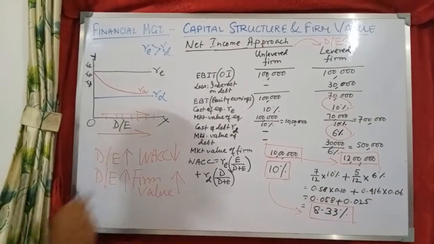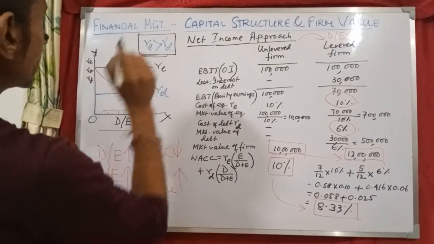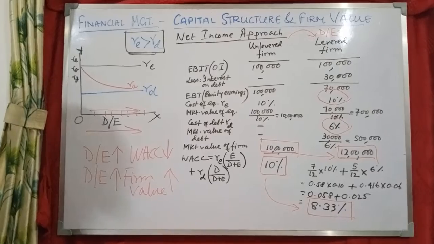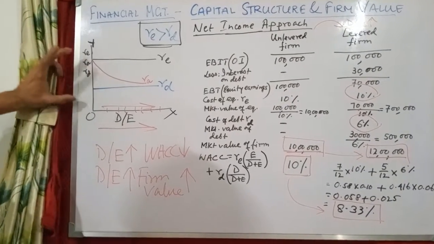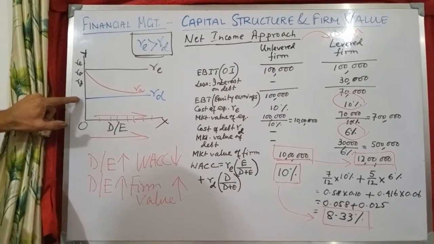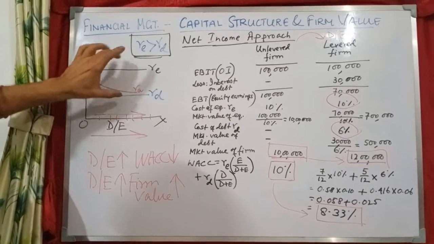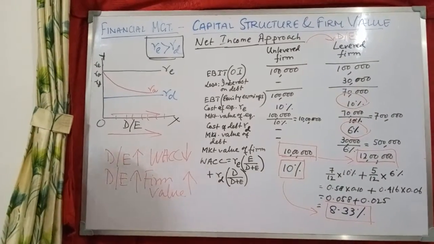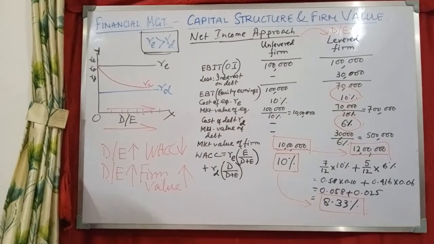Now RE is always greater than RD, that is cost of equity is always more than cost of debt. So cost of equity starts from a higher intercept on the y-axis and cost of debt RD lies below that. Both are horizontal straight lines. Why? Because there is no change in cost of equity or cost of debt.